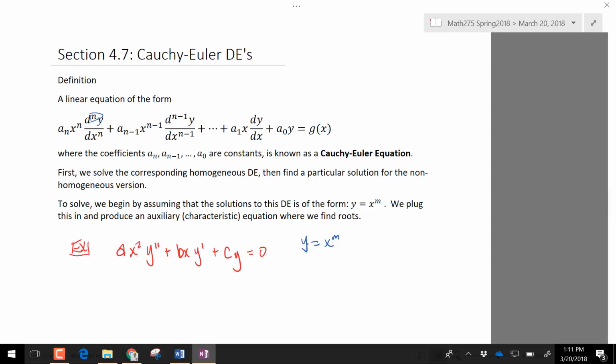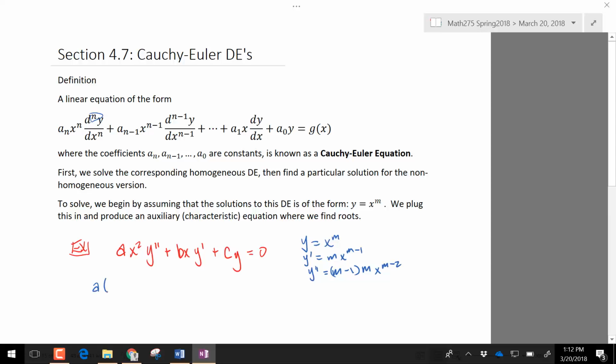All right, let's take derivatives. y prime is equal to m times x to the m minus 1, and then y double prime is going to be m minus 1 times m times x to the m minus 2. We have these derivatives, so we'll put that in.